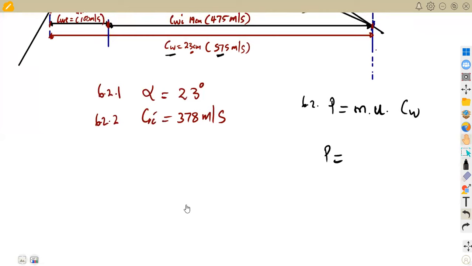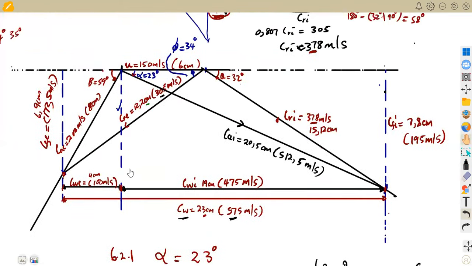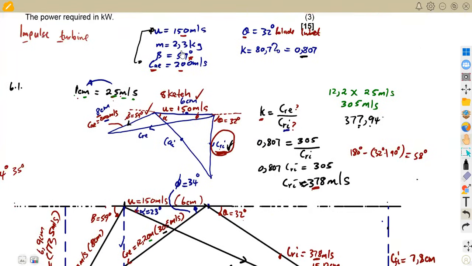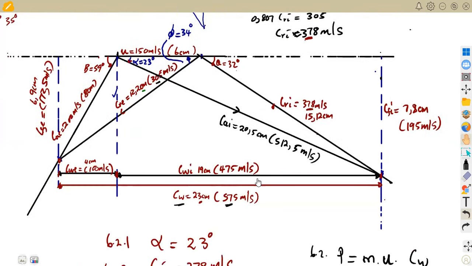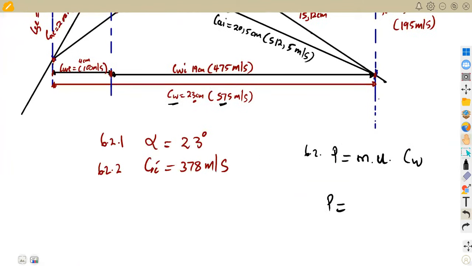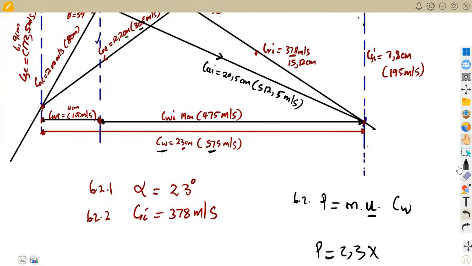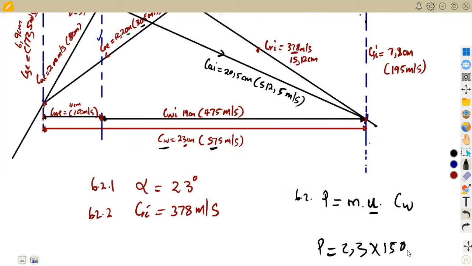So you're going to substitute our mass. From our information, I listed the mass somewhere here, 2.3 kgs. So that's our mass, 2.3, times the blade velocity, which is given as 150 meters per second, times the wheel velocity, which is 575.